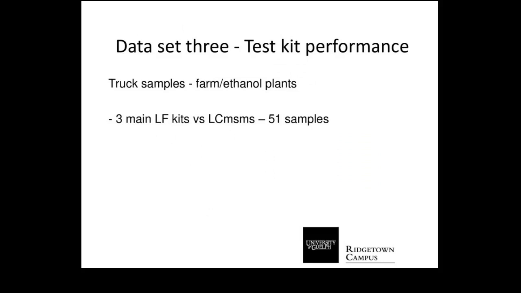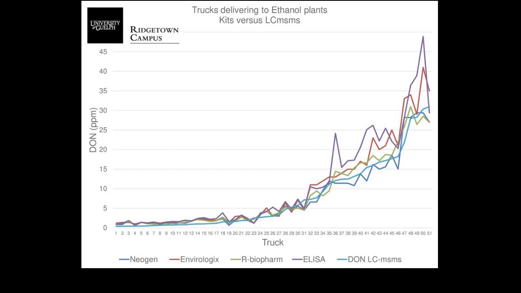And so the other set of data were from the truck samples, and we compared the three main lateral flow kits from the different companies, compared that to LC-MS. And I'll just show you one of the slides in the interest of time.